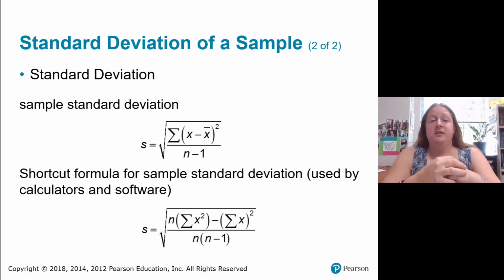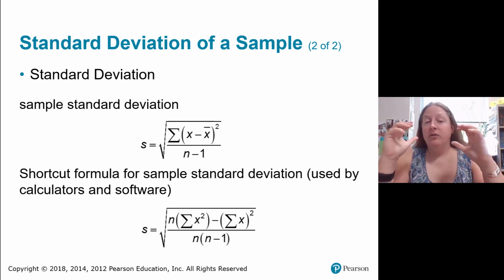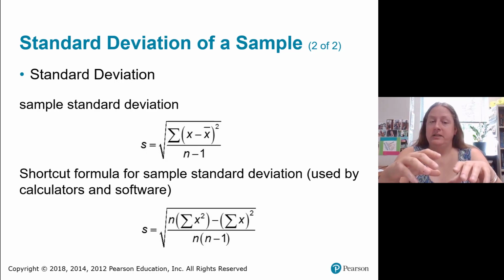To find the standard deviation, we have a formula. To find it for a sample, we take the square root of the sum of all of the differences, the data value minus the sample mean, squared, all of those differences squared, added up, divided by n minus 1.